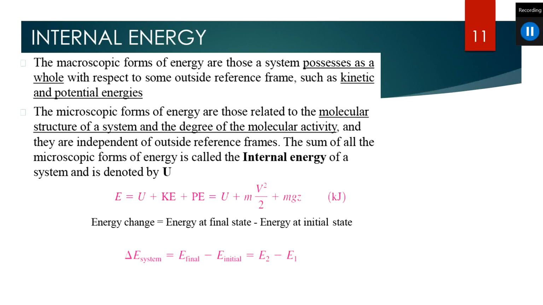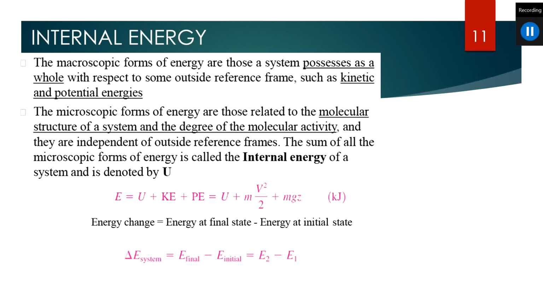So macroscopic energy means the system possesses it as a whole, because of its movement, velocity, and its height difference. That means kinetic energy and potential energy are macroscopic forms of energy.